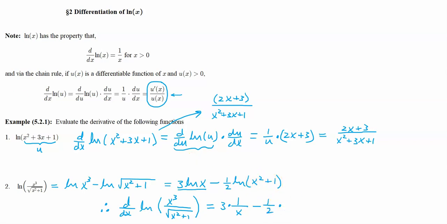Now for this piece right here, this is going to be our u. And then just following our rule up here for the derivative with respect to x of the ln of u, the derivative of this term is going to be 2x, that's the derivative of u, divided by u.